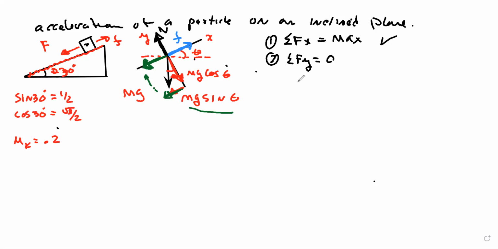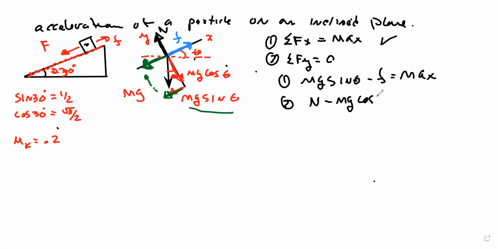We have that mg sine of theta minus the friction is equal to the mass times acceleration in the x direction. That's equation 1. Equation 2 would be the normal force minus mg cosine of theta is equal to 0.